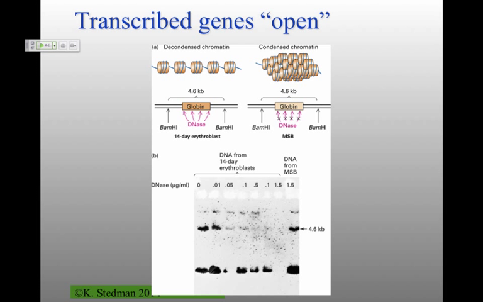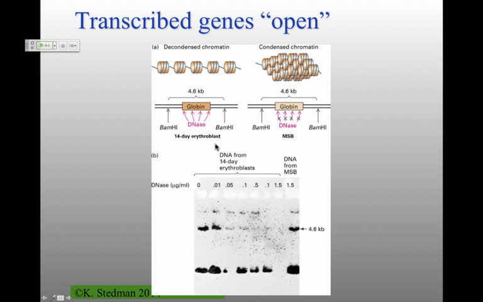You need to be able to get specific DNA binding proteins, your DNA polymerases, your RNA polymerases, all of your regulatory proteins associated with that DNA. And so to do that, you have to have a way of having DNA either be compacted or not compacted. One way that people talk about this is in terms of open DNA or closed DNA.